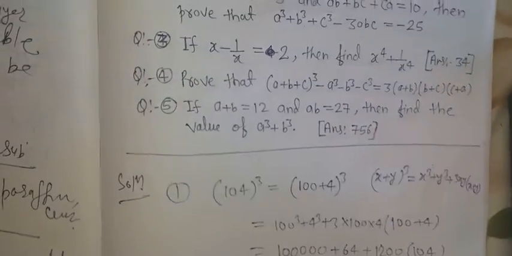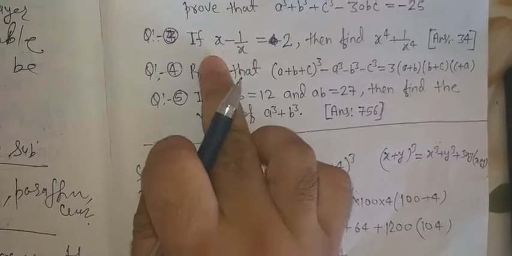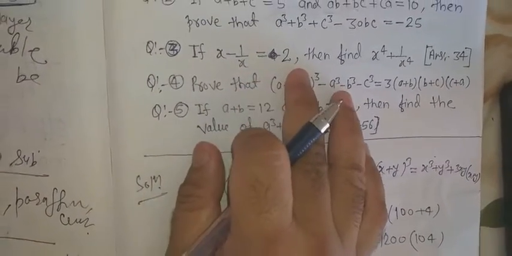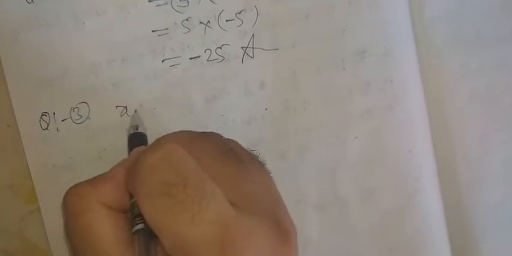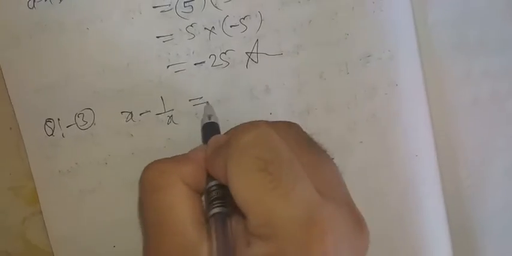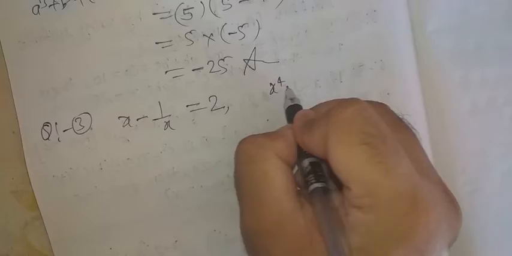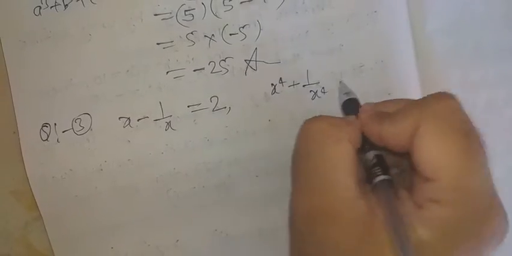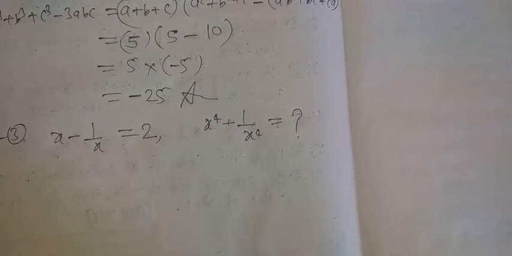Now the next question: if x minus 1 upon x equals 2, then find the value of x to the power 4 plus 1 upon x to the power 4. Question number 3. This value you have to find. So how to think about this?